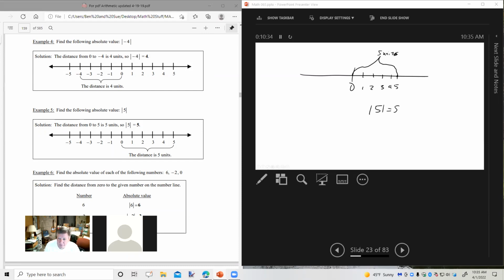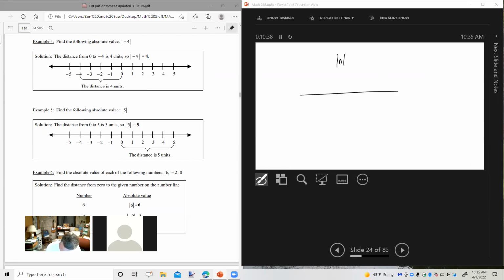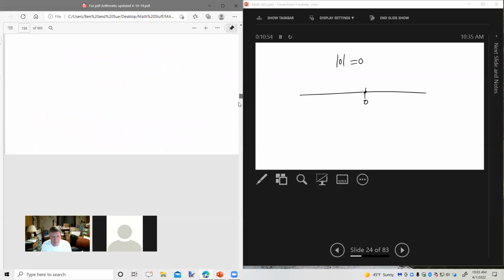And then finally, what might be considered the trivial case, the absolute value of 0. How far is it from 0 to 0? It's 0 units. Any questions at this point about the idea of absolute value?